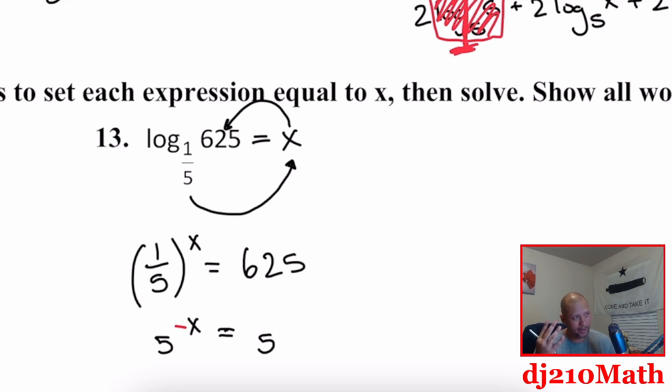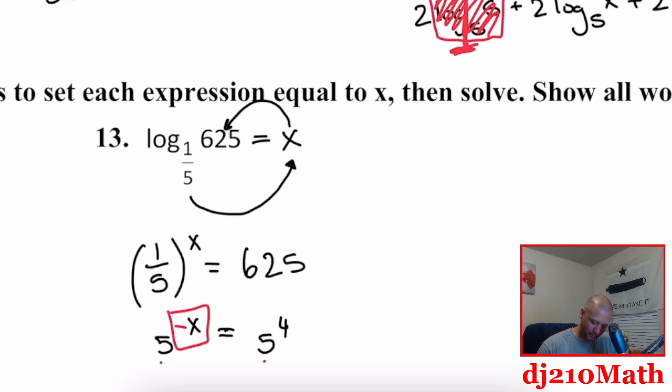Wait. 125 times 5 is 625. So 4. And the bases match, right? They both have 5. So from here we can set the exponents equal to each other, right?